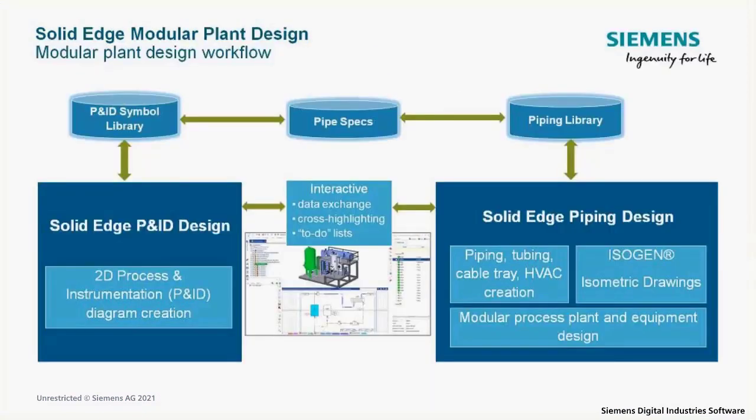And so with these modules, talking about modular plant design, the Solid Edge P&ID, again, can be standalone, but we can actually communicate that information, have standardized pipe specs for your company, tailored to the way that you build things with the components that you put into a pipeline, and share that information back and forth between the 3D environment to do the Solid Edge piping design, whether it be piping, tubing, HVAC, ducting, and generating all of this information in the virtual space to do all of your virtual testing as well.